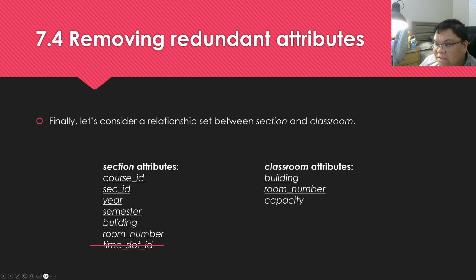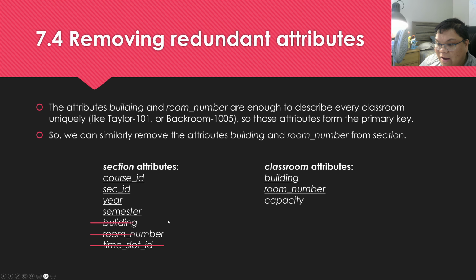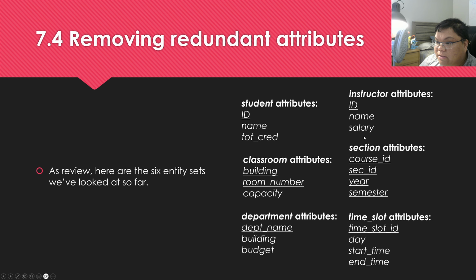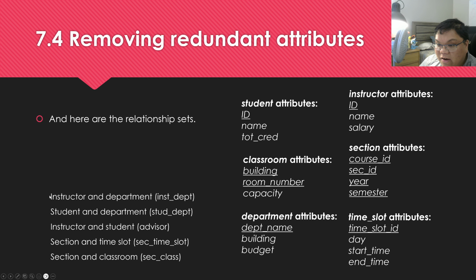Same is true for classroom attributes. Building and room number form a primary key for that. So if we form a relationship set between section and classroom, we can just cross out building and room number. So these aren't the only entity sets in our university, nor are these the only relationship sets.